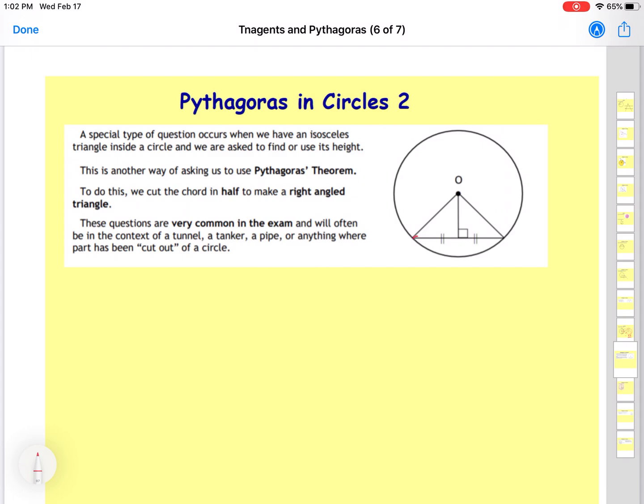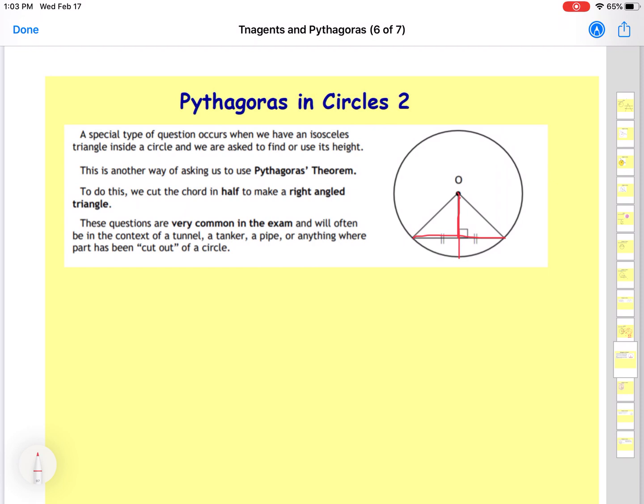So we have a chord down the bottom there of the circle, which I've highlighted in red. Now the radius directly halves that chord along the bottom. The radius is the one from the centre of the circle to the outside. It just hasn't been extended past the chord, but if we were to draw that through, it would directly halve the chord, which is why there's the two lines on either side.